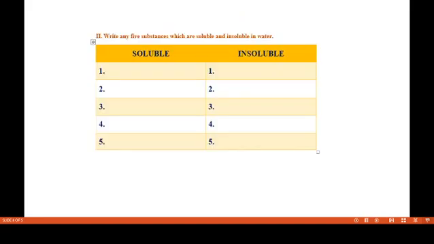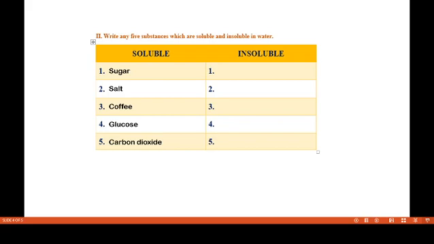Okay, then second exercise. Write any 5 substances which are soluble and insoluble in water. First one, which are the substances soluble in water? Okay, we can write any examples: sugar, salt, coffee, glucose, carbon dioxide. Sugar, you know, is in solid particles.